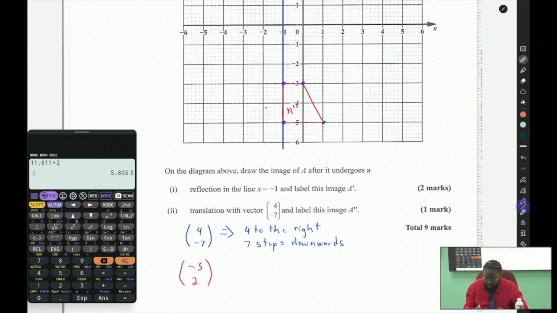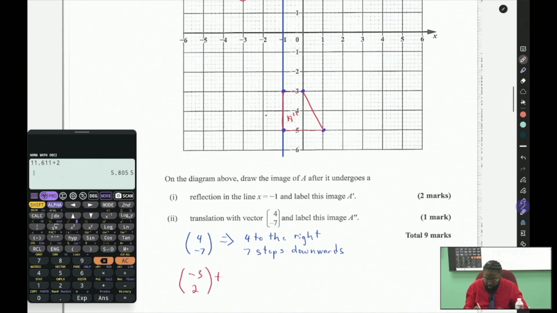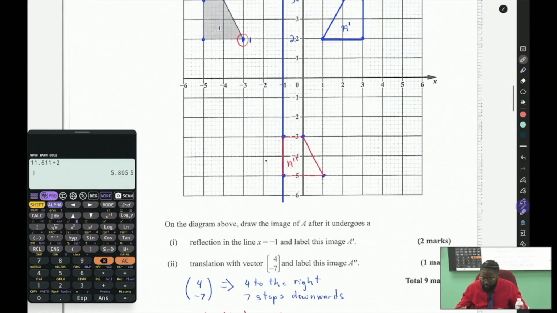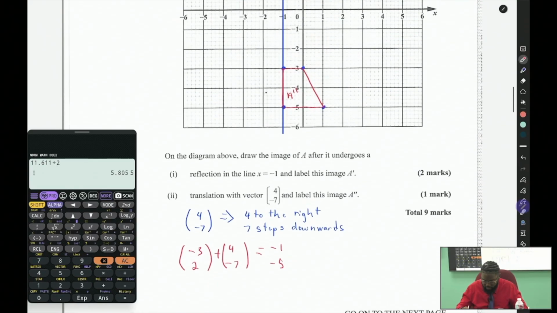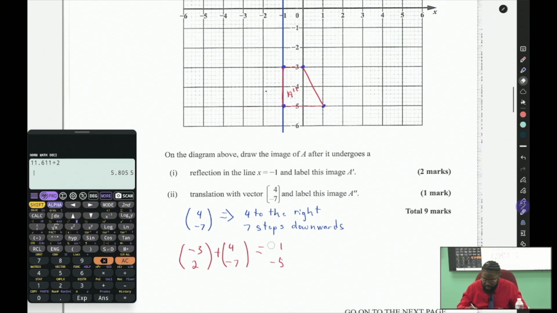We could simply add 4 and -7 to it, which would then give us, oh sorry, +1 and -5.